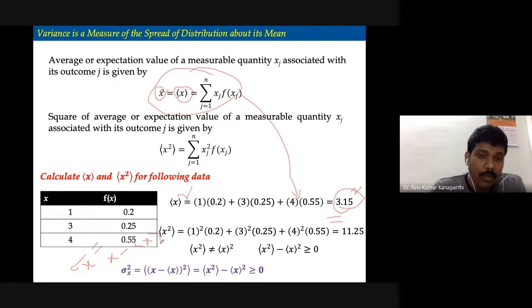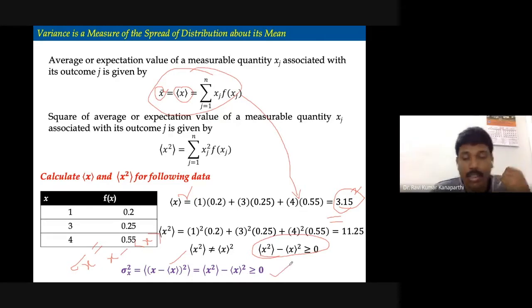Now the variance square, if you take the square of it, then what you get is this. There is a theorem that we can prove, and we have already observed this phenomenon with an example.